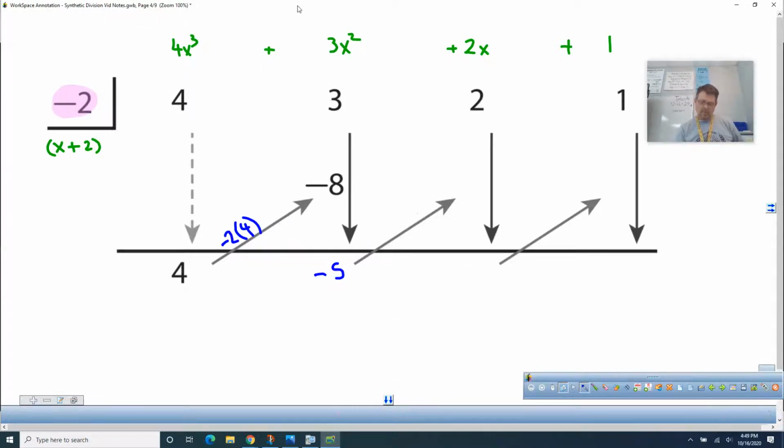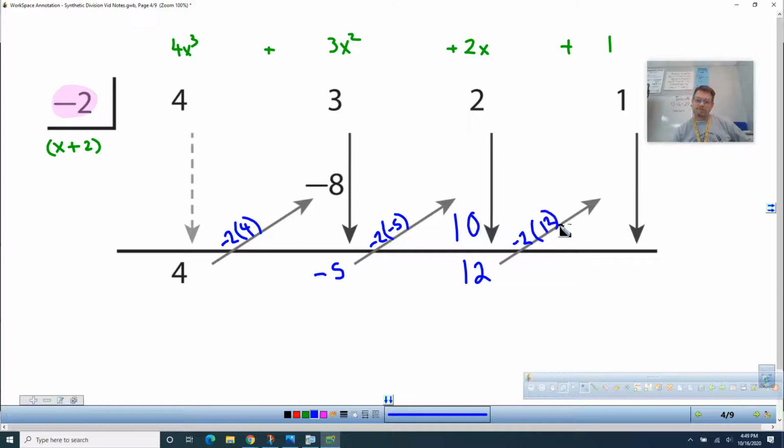So negative 2 times negative 5 gives me 10. 2 plus 10 is 12. Now again, it's going to be negative 2 times 12. That is going to be negative 24. 1 plus negative 24 is negative 23. Okay, and so negative 23 is my remainder.